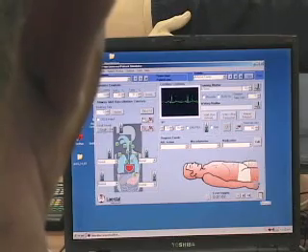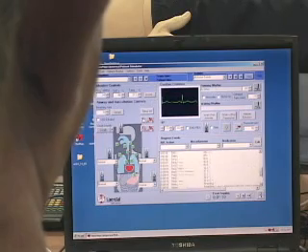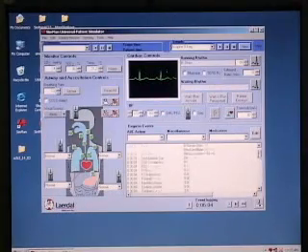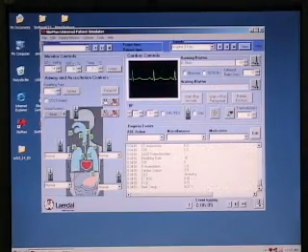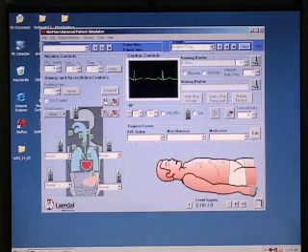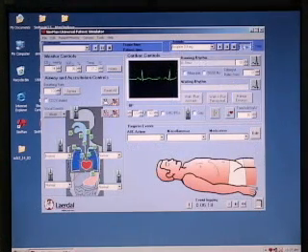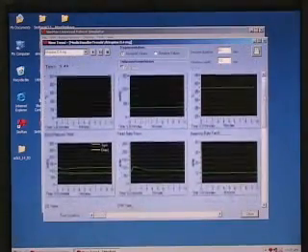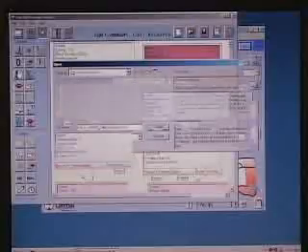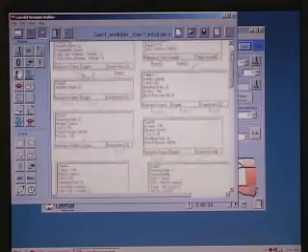Every action of the simulator and the response of the trainee are automatically stored in an event log. Finally, SimMan includes sophisticated software controls that allow the programming of physiologic vital sign trends and the creation of longer, more complex scenarios.